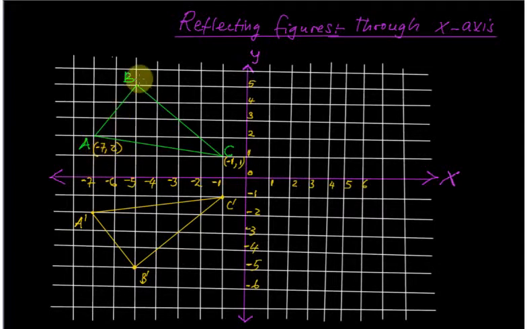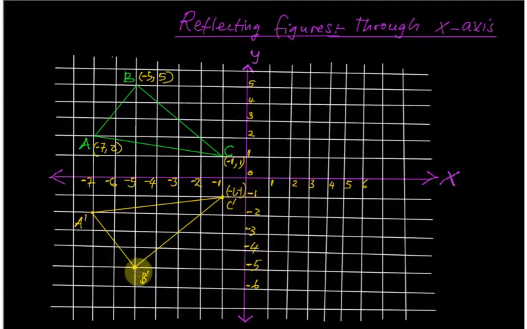While this B here is at negative 5, comma 5. Now look here. C dash is going to be at negative 1, comma negative 1, because this is -1 and here is -1.